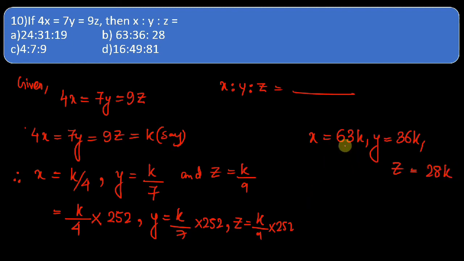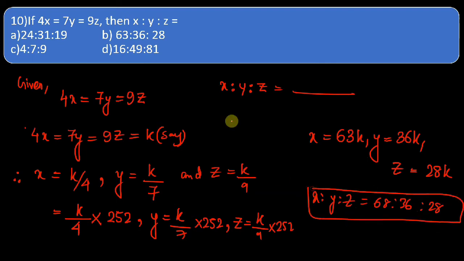As you can see, we have to eradicate this k, and we are getting the answer as x is to y is to z as 63 is to 36 is to 28. So this is our correct answer. Option B is our correct answer.